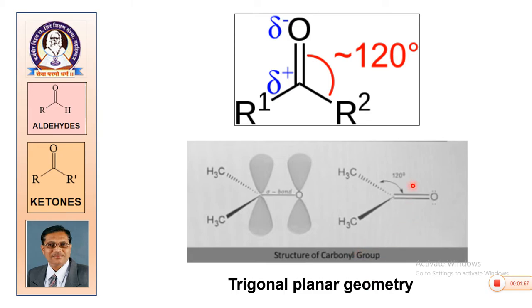The carbonyl compound has a trigonal planar geometry, the angle is 120 degrees, and the planar structure is because of the presence of a sp2 hybrid carbon, and there is a presence of a double bond, that is one sigma bond and one pi bond.